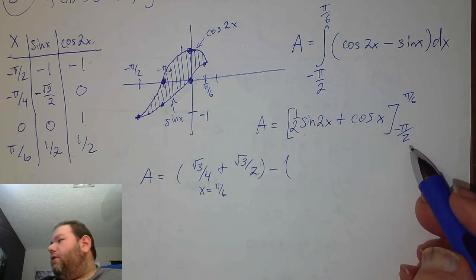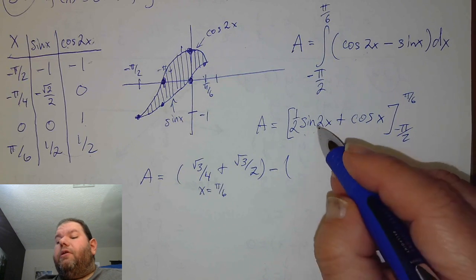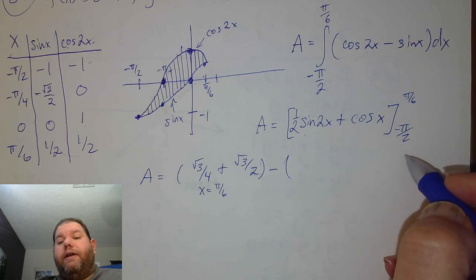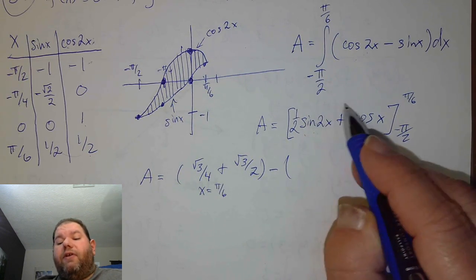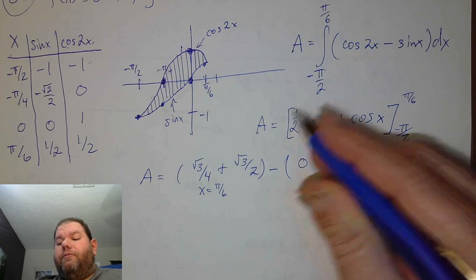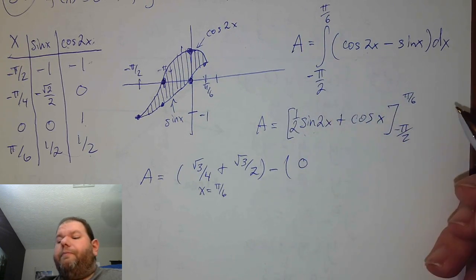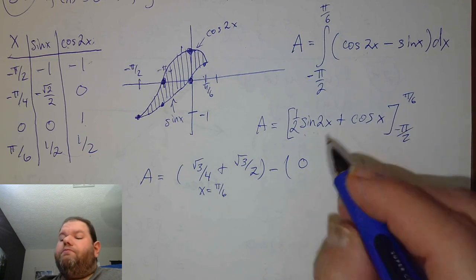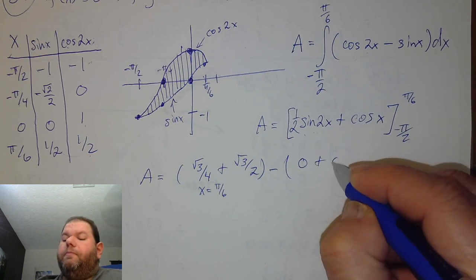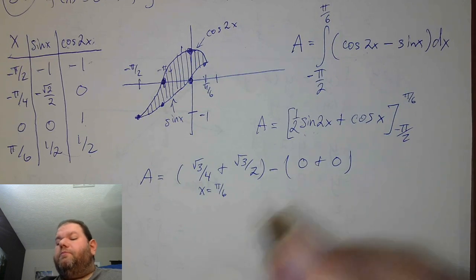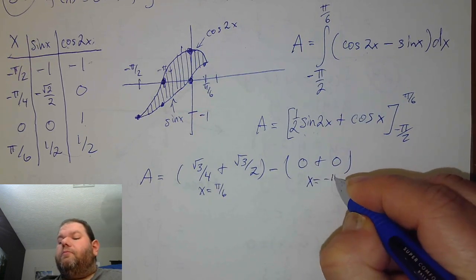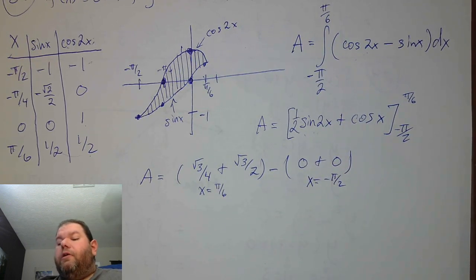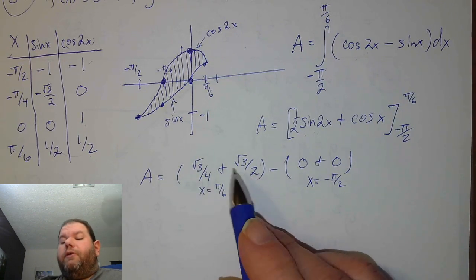If we plug in negative pi over 2, 2 times negative pi over 2 is negative pi, and sine of negative pi is 0, so 1/2 of that is still 0. Cosine of negative pi over 2, also 0. Okay, and so our area is just root 3 over 4 plus root 3 over 2.